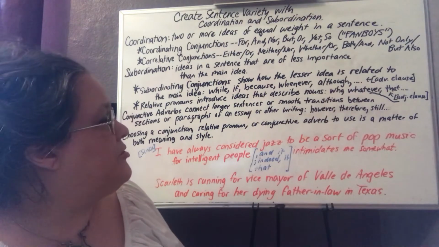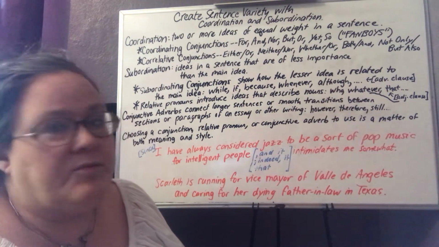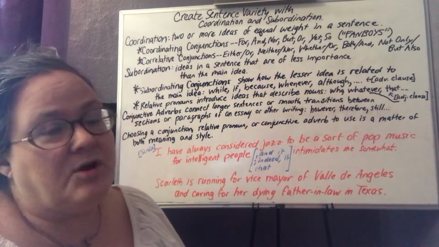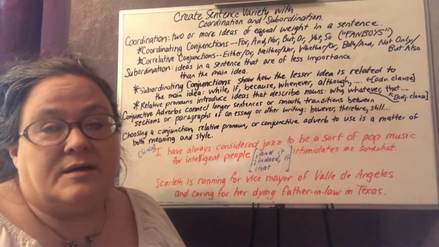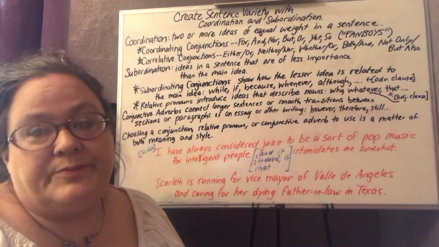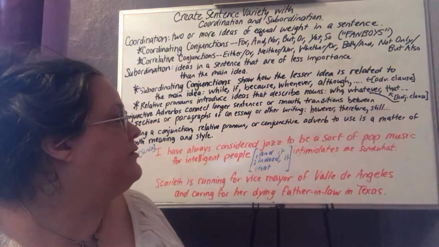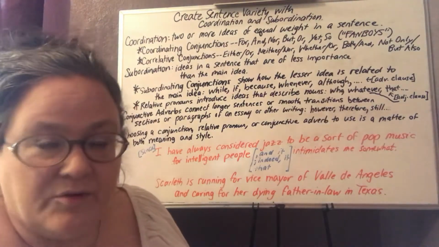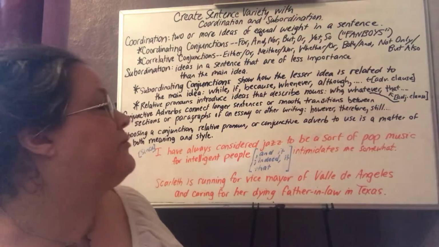Those are the people who make me happy. Who make me happy is, again, a lesser idea. The main idea is those are the people. So I'm pointing out some people, and then I'm giving a little bit of information about who they are.